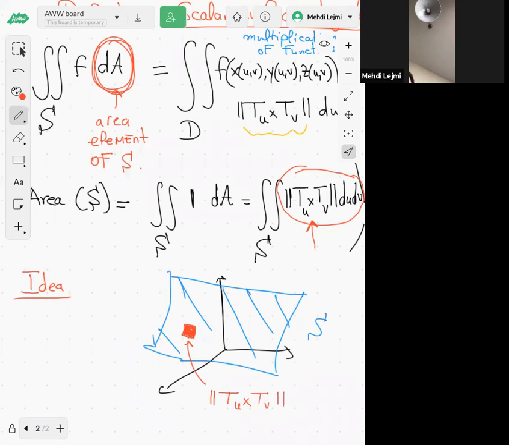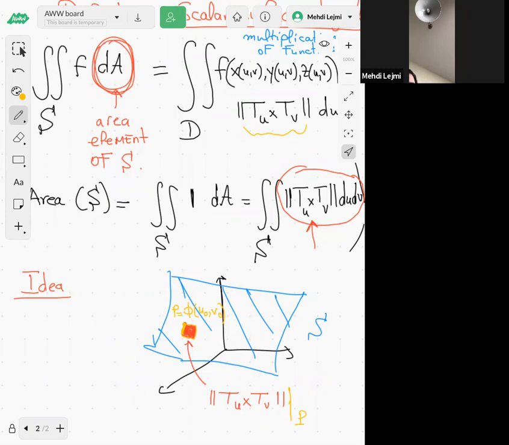Of course, you fix a point here, let's say the point P, which is phi of some (u0, v0). So the area of this small parallelogram with the vertex at point P is equal to this norm of the cross product at the point P. Okay, so you get some number.